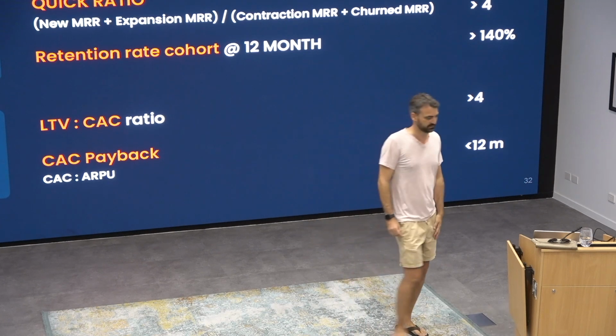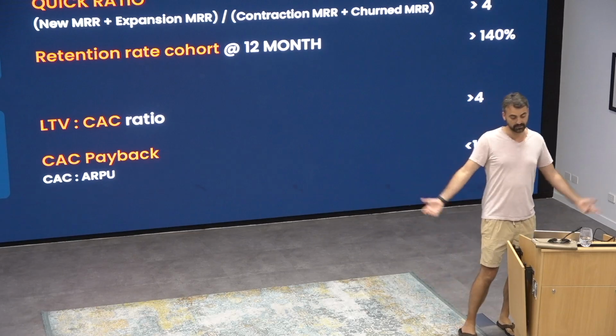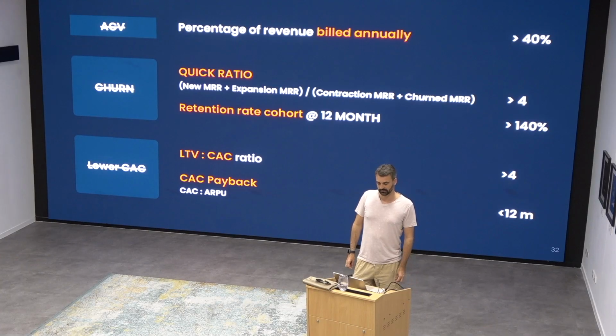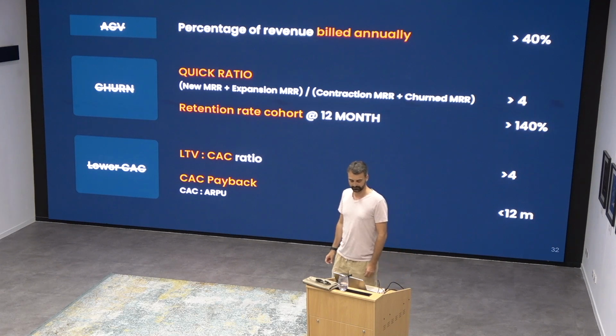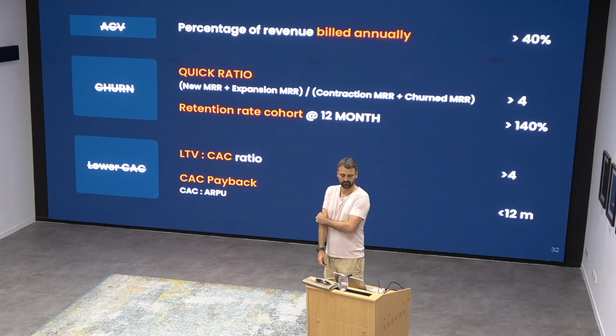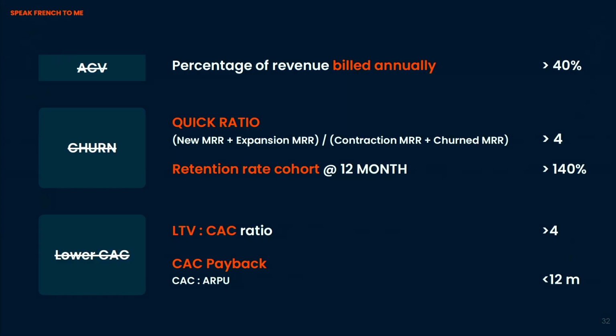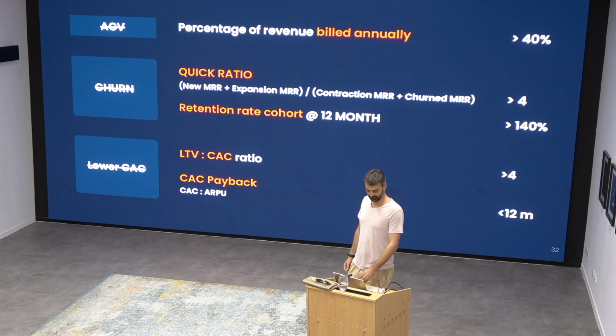It's completely fine. And that comes down to the payback period. 12 months is almost an industry standard. If you have 12 months to recover the cost to acquire a customer, you're doing okay. 10 months, you're doing great. If it's 6 months, give me a call.